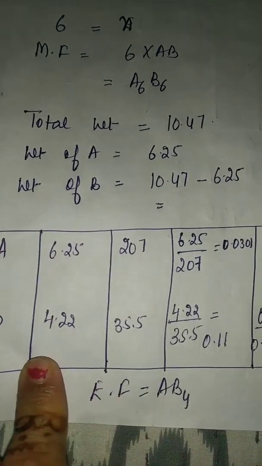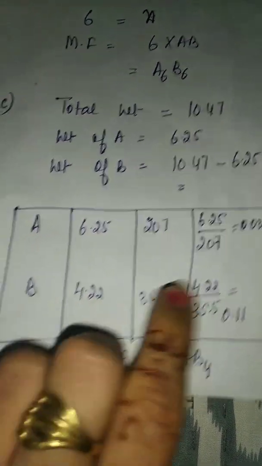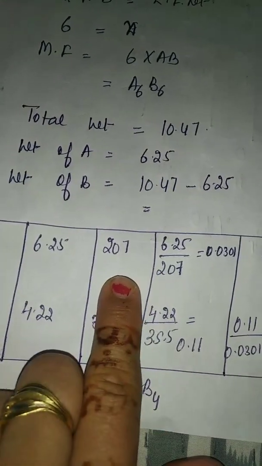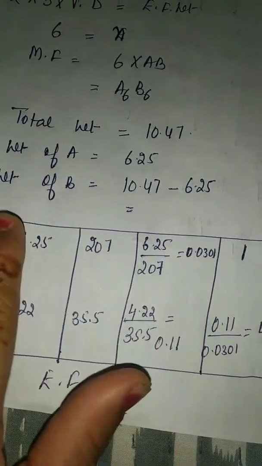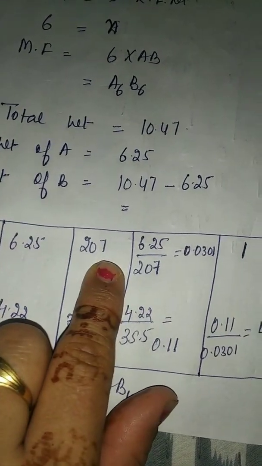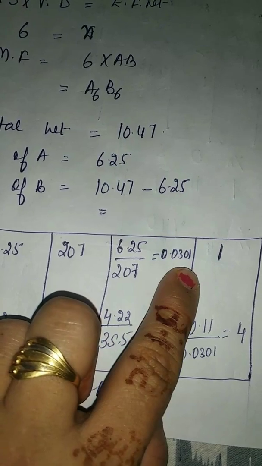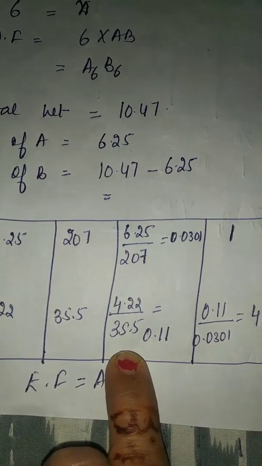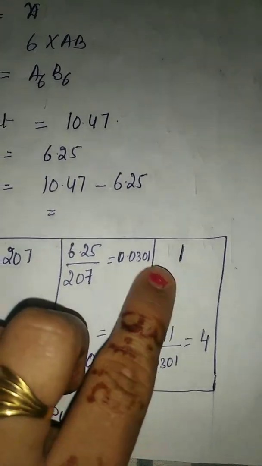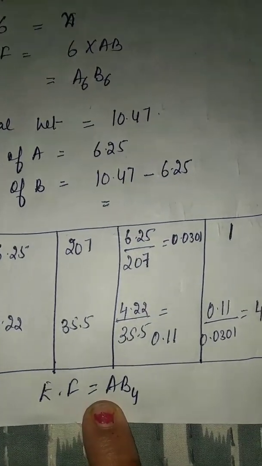Atomic mass of A is given to us 207 and B is 35.5. So for atomic ratio, we divide the given weight by the atomic mass. 6.25 divided by 207 is 0.0301. Same way, 4.22 divided by 35.5 is 0.11. When we take the simple ratio, first one will be 1, second is 4. So empirical formula will be AB4.